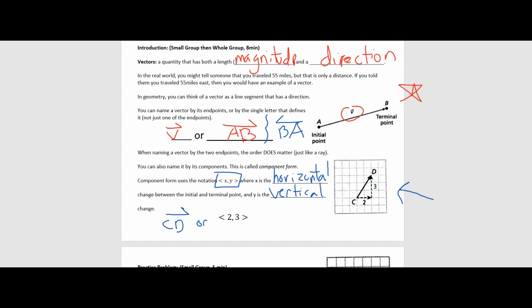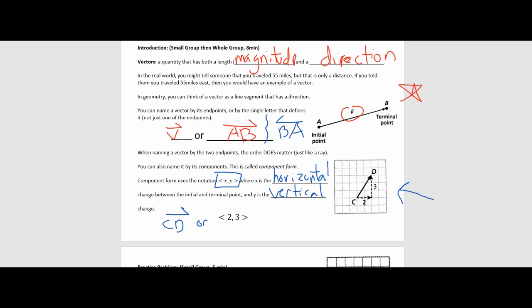Notice that there is a direction with those numbers, right? Because positive 2 means you're traveling to the right. Positive 3 means you're traveling upwards. If you wanted to tell someone you were traveling to the left or down, then you would use a negative sign for those. So these are just the different ways you can name vectors.